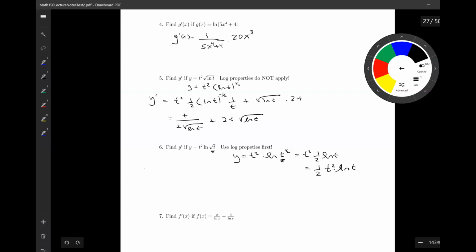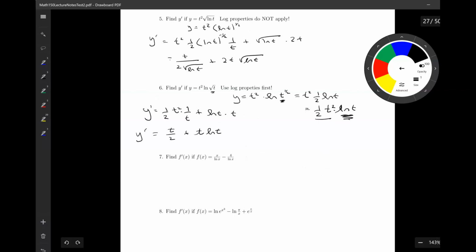I have the product rule to do, where I can carry the 1/2 along. This is first function times the derivative of the second, which would be 1 over t, plus ln of t times the derivative of the first, which would be t. Again, I could simplify this a little bit. So I get t over 2 plus t ln of t.